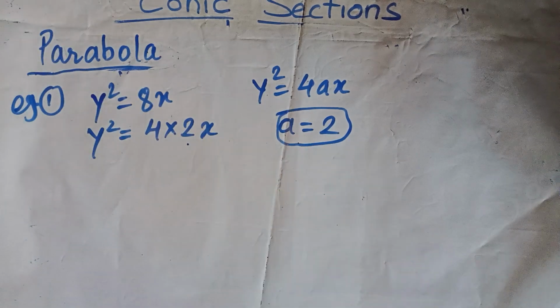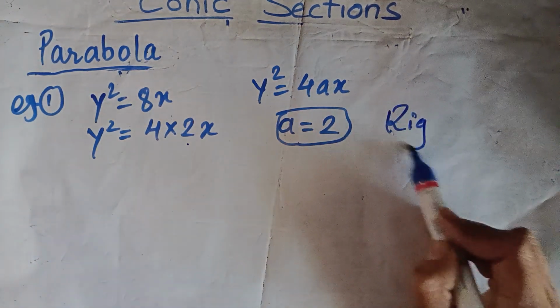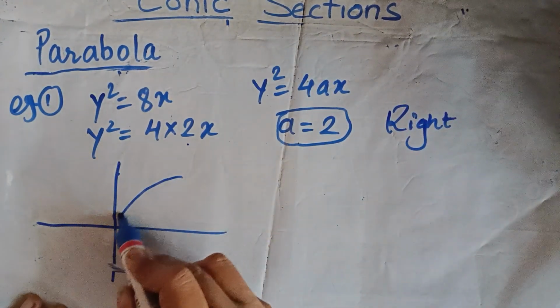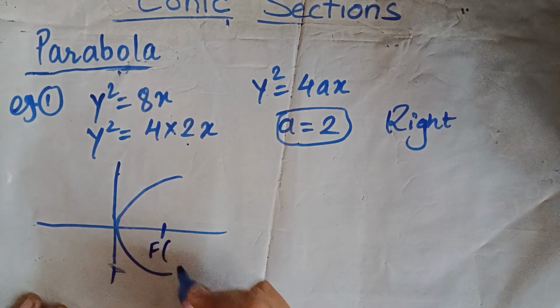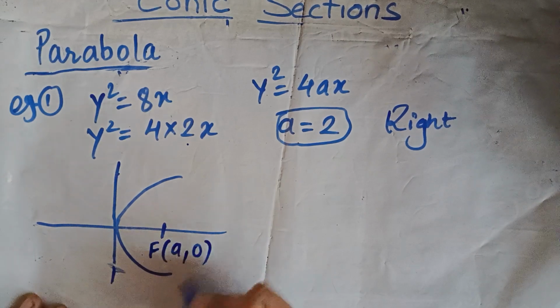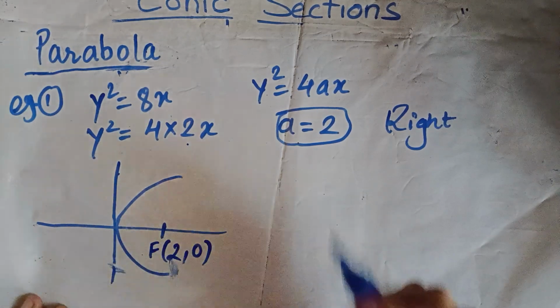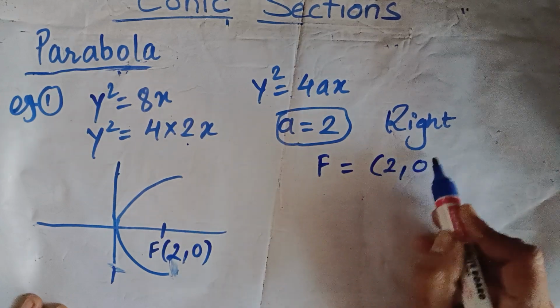Here our x is positive, right? So this is a right parabola. The figure will be like this. F is given by a comma 0, and a is 2, so the focus point is 2 comma 0.